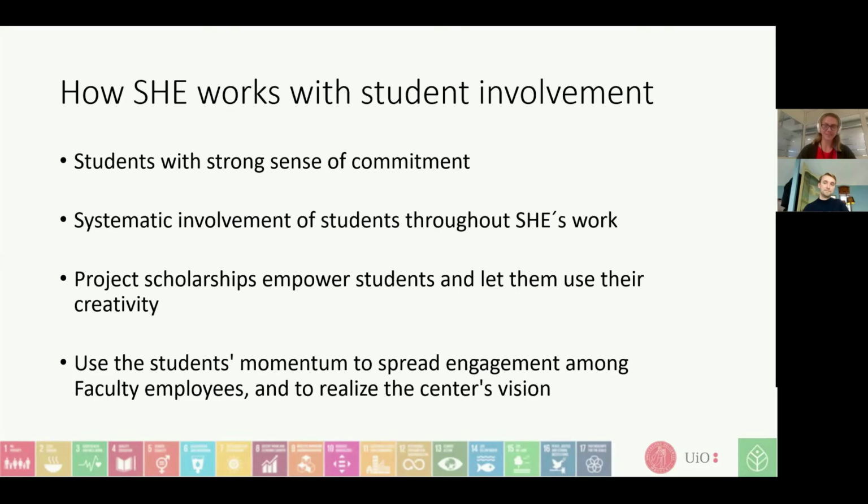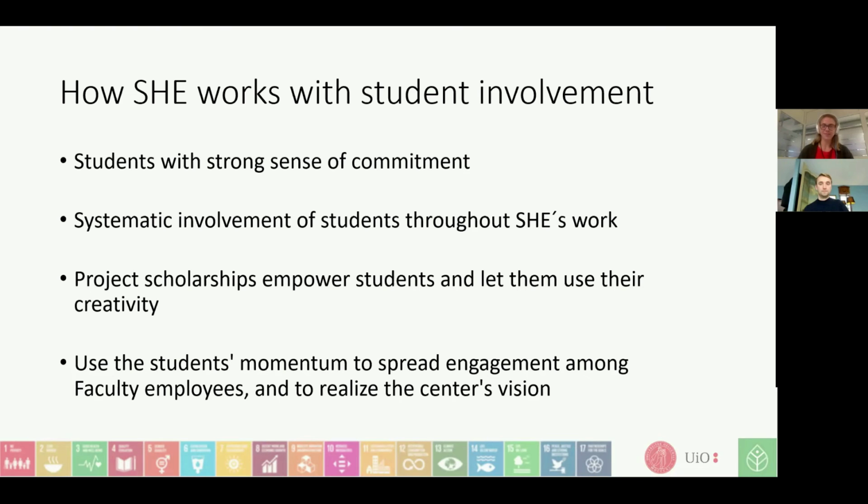Another vital contribution from the students was their participation related to the DQ's site visit. In that process and in the application process, we gathered a group of students and asked them to share their ideas on how a DQ grant could empower students and raise awareness of the SDGs' role in education.